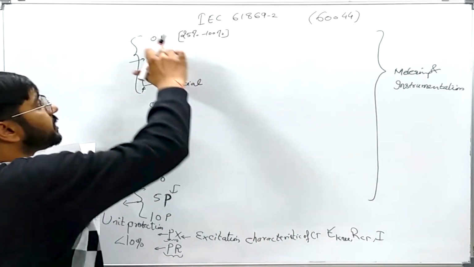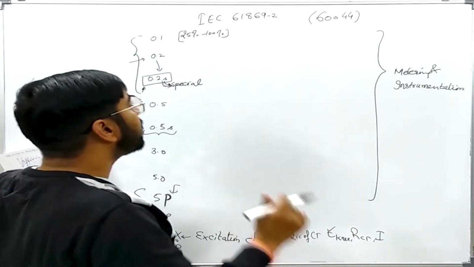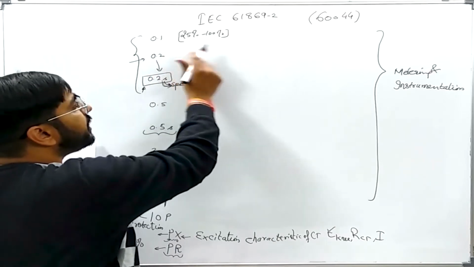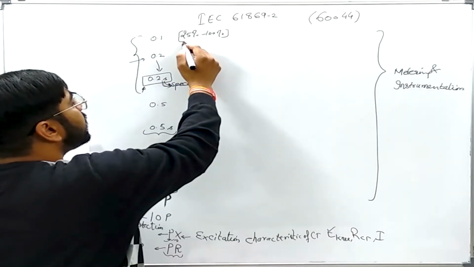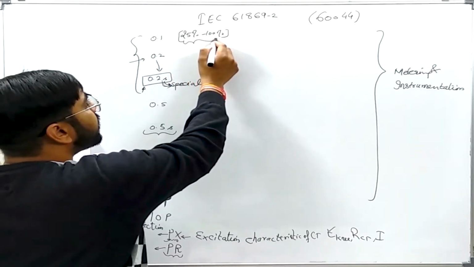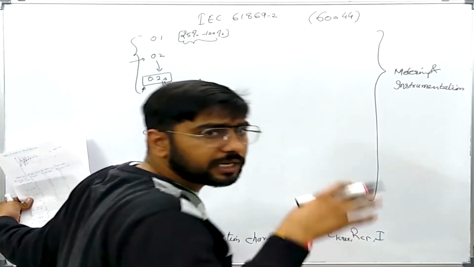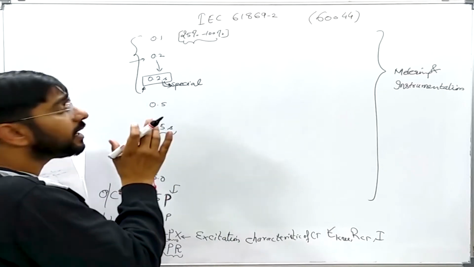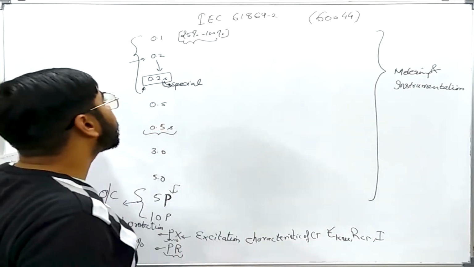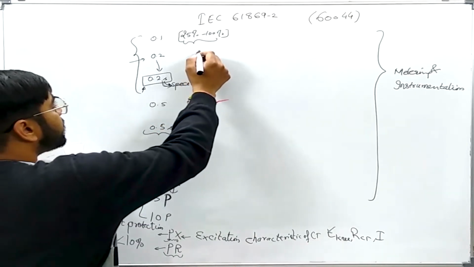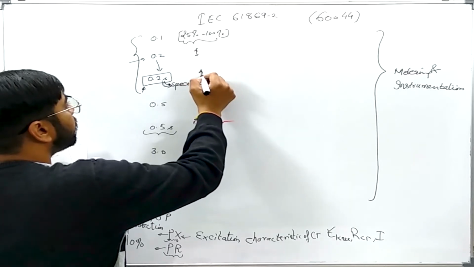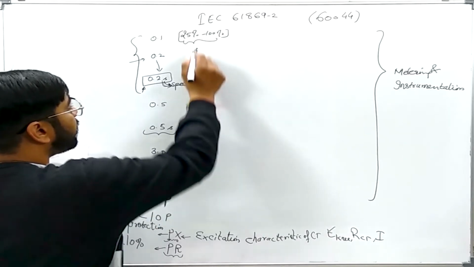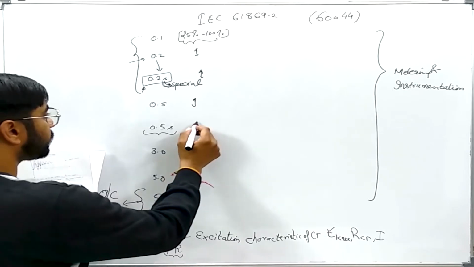So let us say the CT is rated for 100 VA, then we can utilize these metering CTs for normal currents ranging from 25% to 100% of the rating of the burden. The readings will be quite accurate. Similarly, all these metering CTs will be applicable for 25% to 100%.